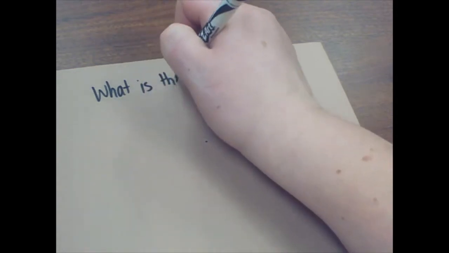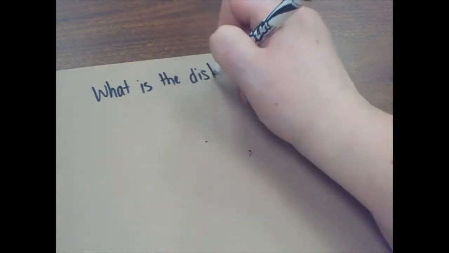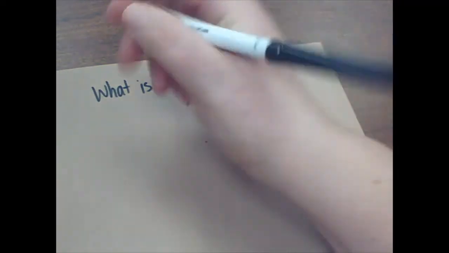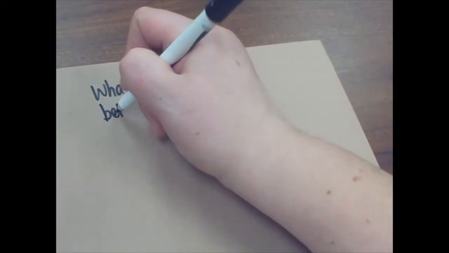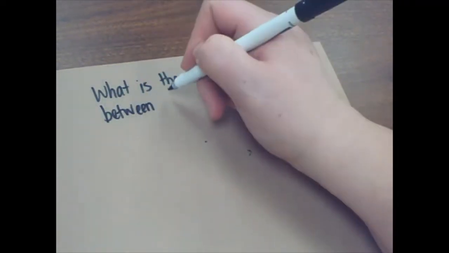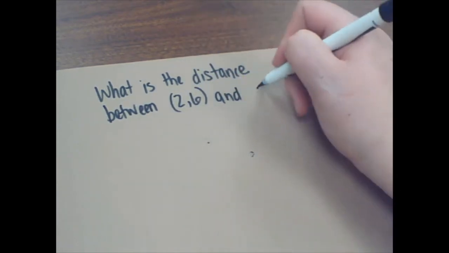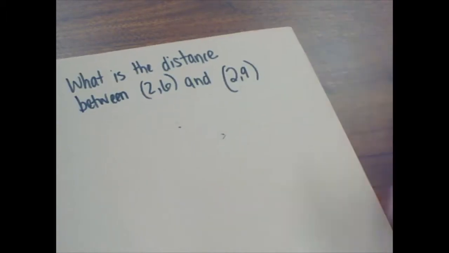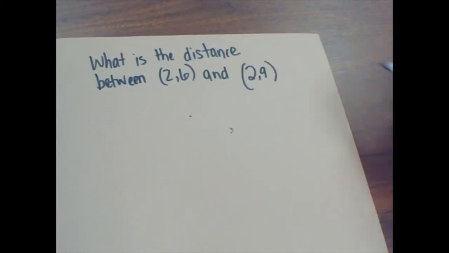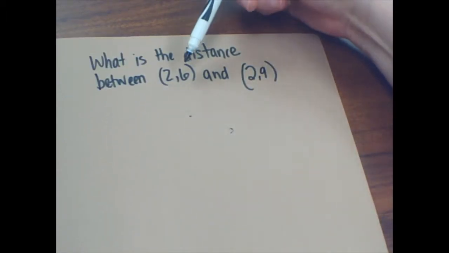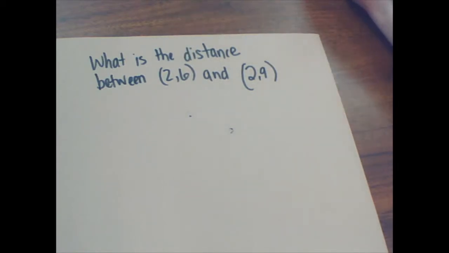You also may see a problem that says something like, what is the distance between 2, 6 and 2, 9? So basically what they're saying is you have an ordered pair, you have a dot on your graph that's at 2, 6, and you have one that's at 2, 9.